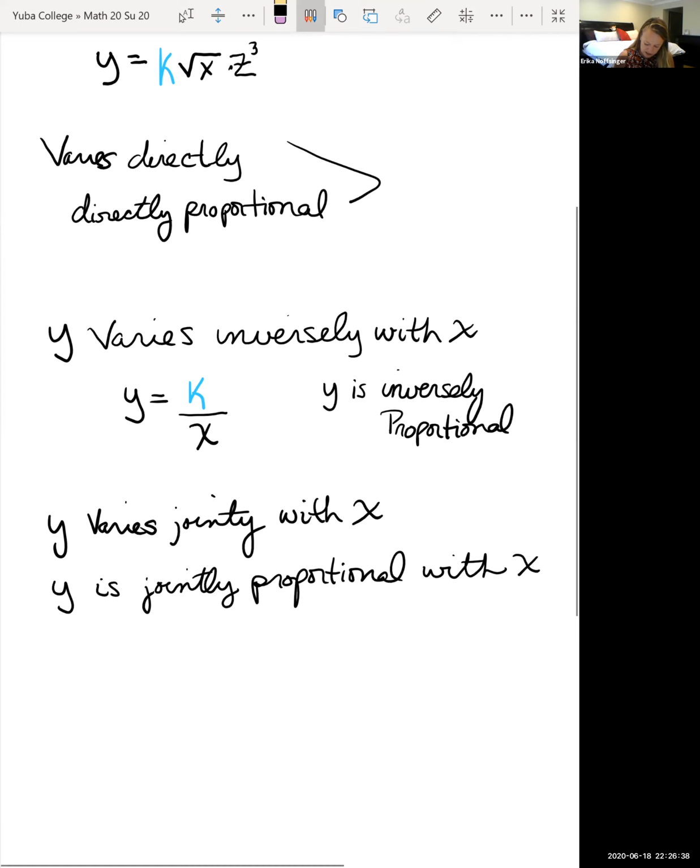So jointly means it's just multiplication. You have more than one variable. So that other example up there, I could have said varies directly with the square root of x and jointly, and I don't know how I would have said that. Okay, so y is equal to k, always in there, our constant, jointly proportional with x, and I need it jointly with something else. So let's say and z. So it would be x times z.